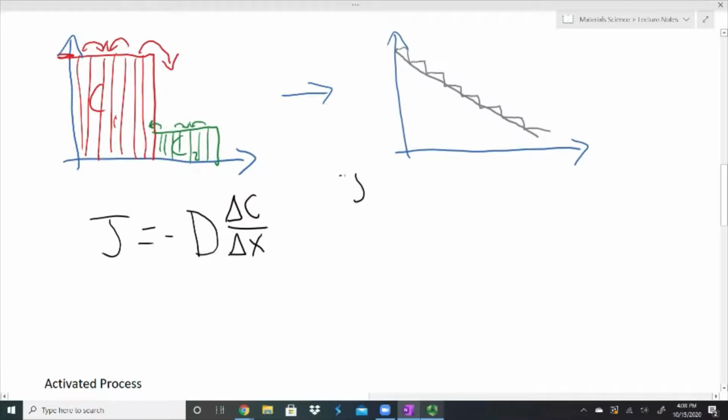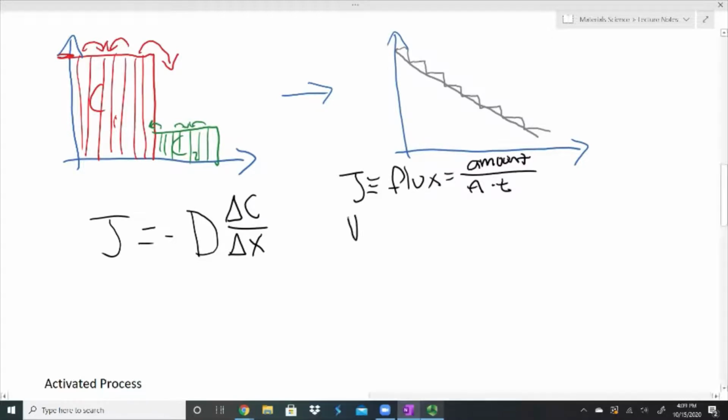So J is our flux, and flux is just things moving. So it's our mass that's moving through. And the dimensions for that are amount per area per time. So I have an amount of atoms, and they're moving through a certain area of my material or membrane per time.